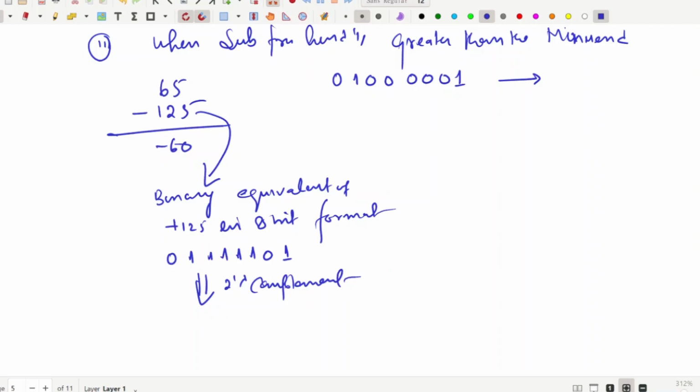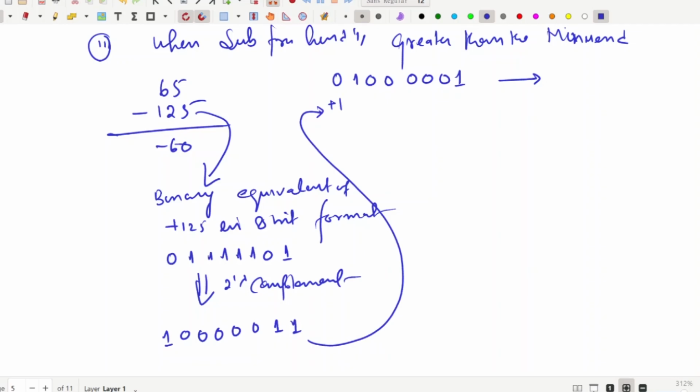This is 1 0 0 0 0 0 1 1, in 8-bit format. And then we add this number with this number.